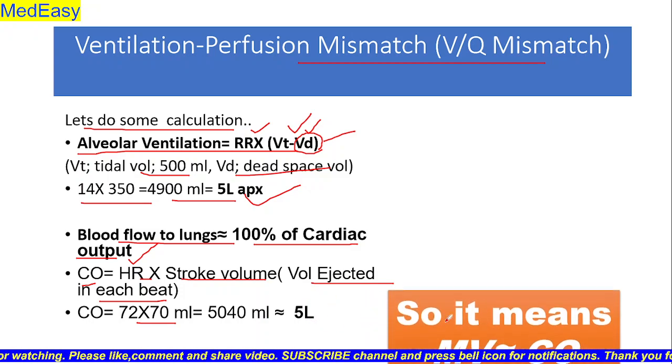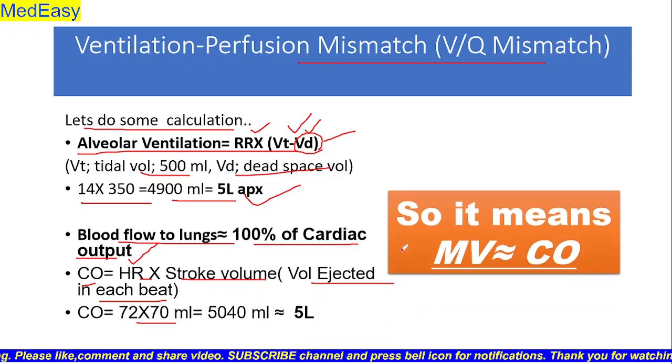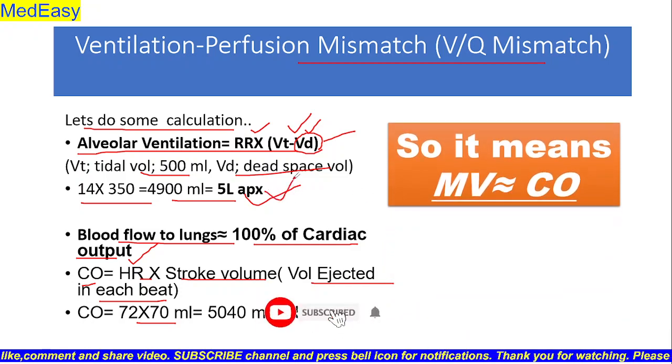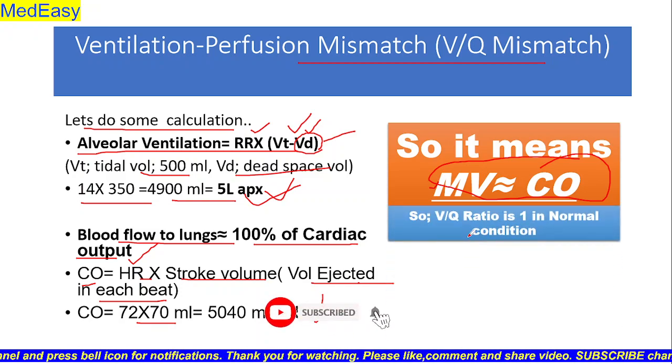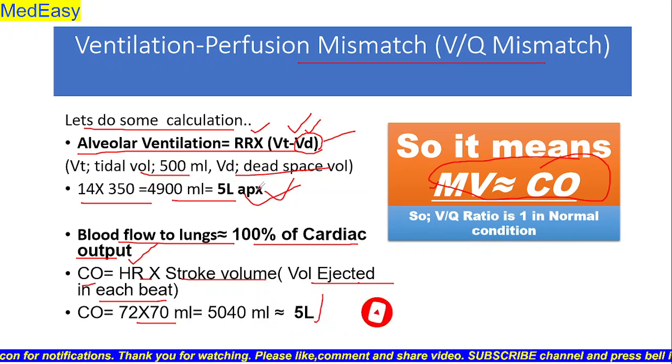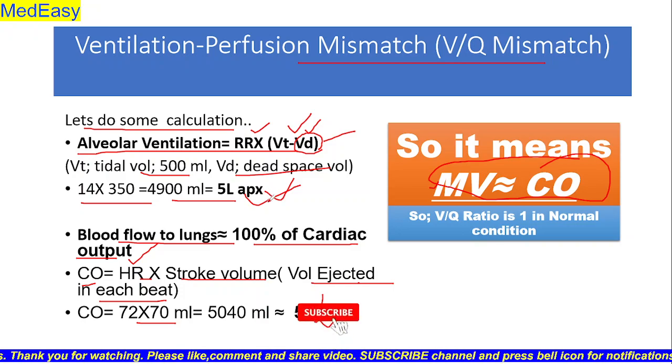What does it mean? This 5 liters and this 5 liters are matched. So minute ventilation, or rather alveolar ventilation to be specific, is equal to cardiac output. So, the VQ ratio is 1 in normal condition. It means almost 5 liters of blood gets oxygenated per minute.